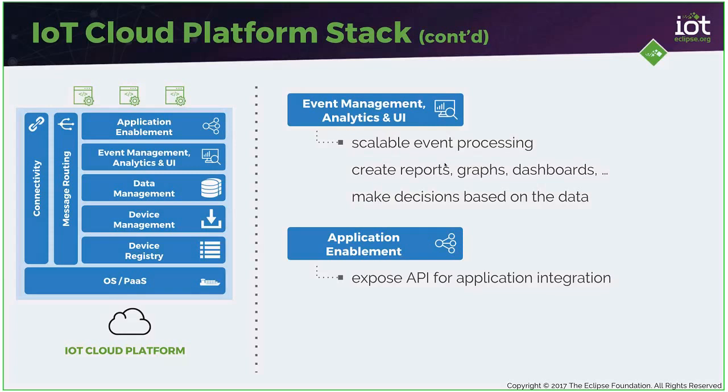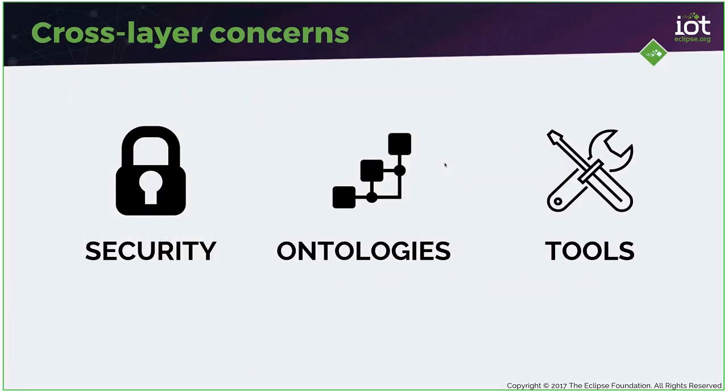All right. So that would be for the three stacks, and like I was telling earlier, there's also some cross-layer concerns, namely security. So I mentioned security at the hardware level, making sure that the code running on the device cannot be tampered with and cannot be altered by someone who would have access to the device physically.